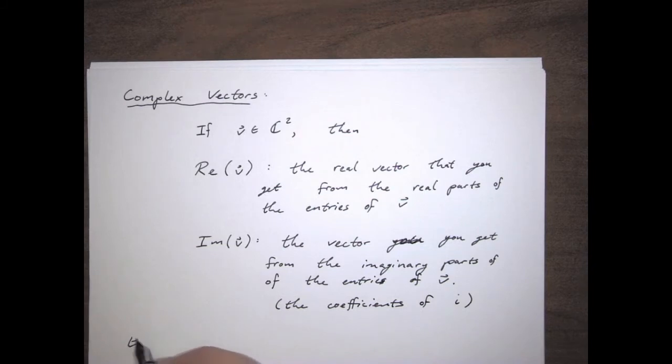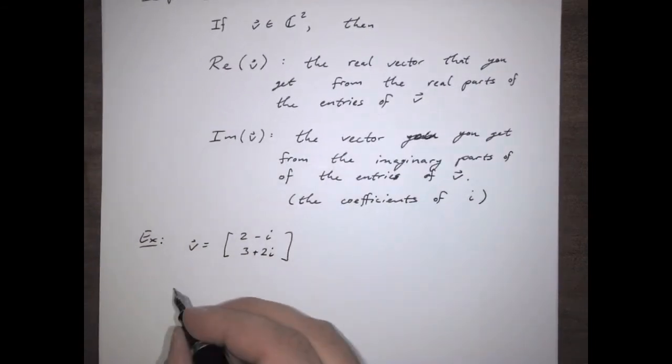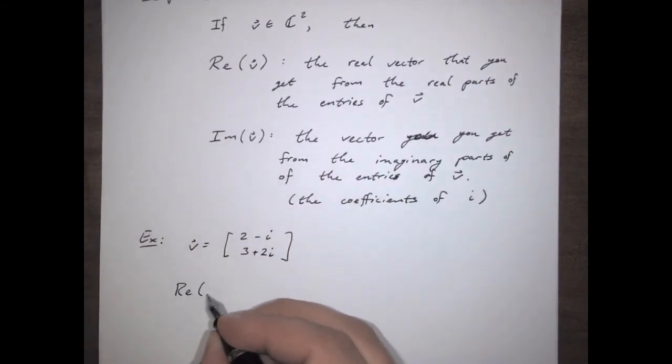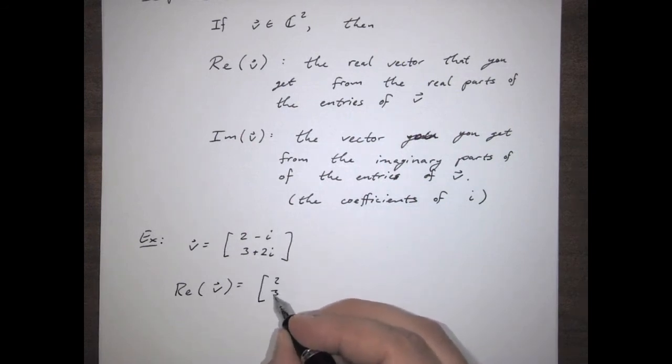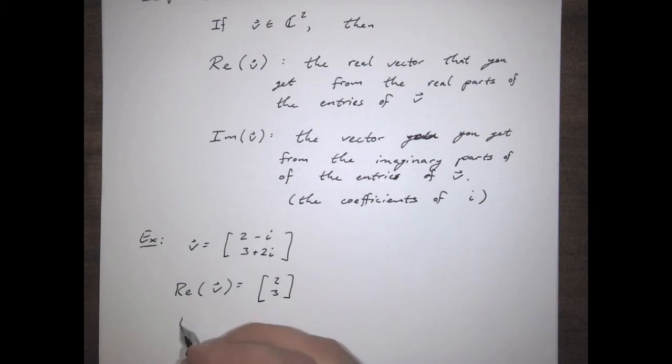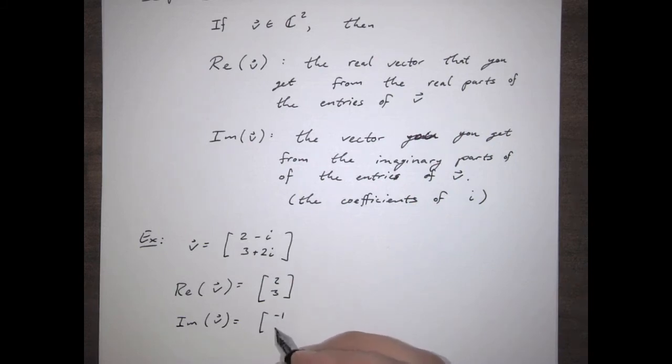So for example, let's say that V is equal to 2 minus i and then 3 plus 2i. Then the real part of V would be the 2 and the 3. And the imaginary part of V would be -1 and +2.